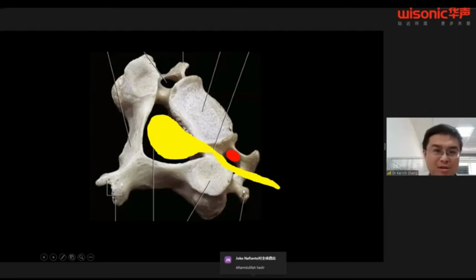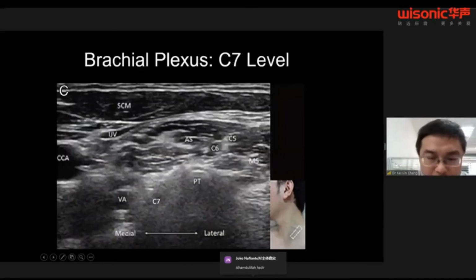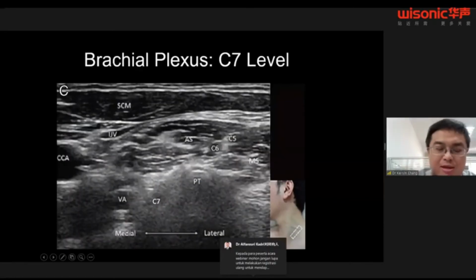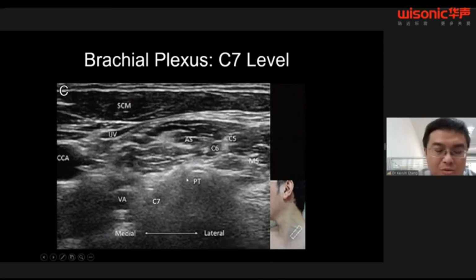Another thing is we have to know the reciprocal anatomy between the vertebral artery and the cervical nerve root. The location of the cervical nerve root is actually posterior to the vertebral artery. So how does this relate to ultrasound guided injection? Remember, when we perform the injection, we have to insert our needle from posterior to anterior.